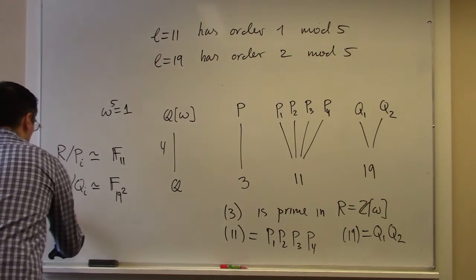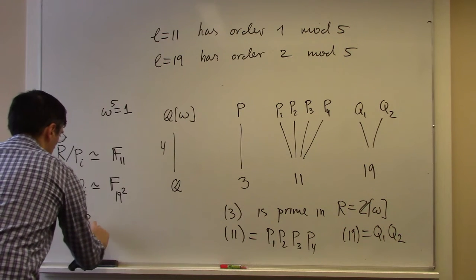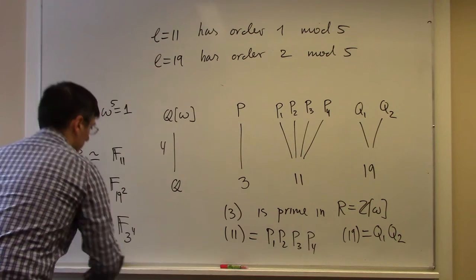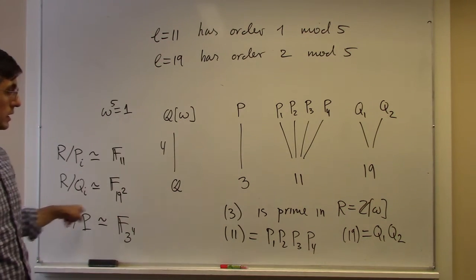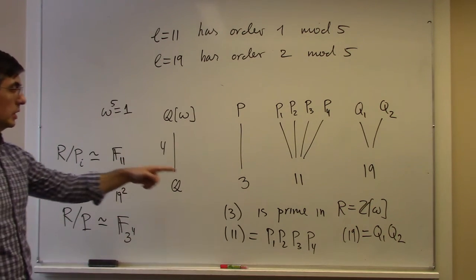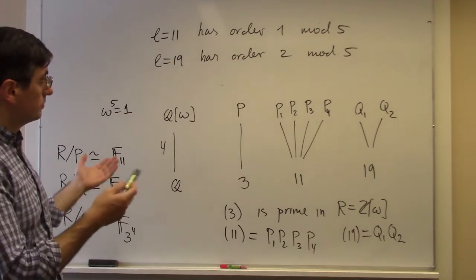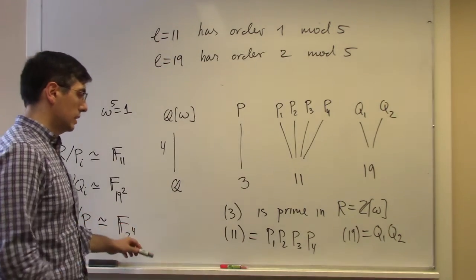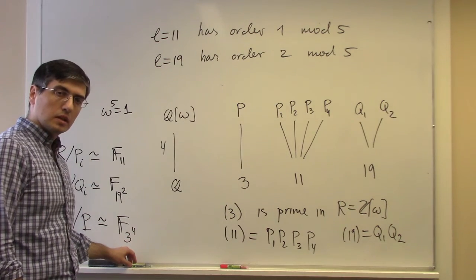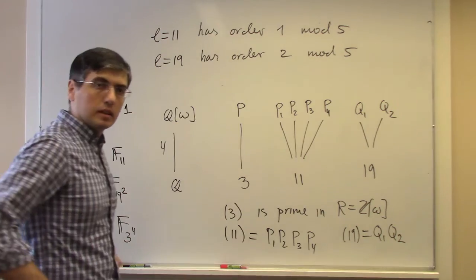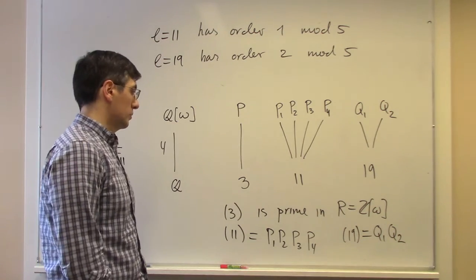And R mod 3R is isomorphic to F_{3^4}. Okay, so it has this order because it remains prime. So hopefully this is a better explanation. You can ask me for the details.